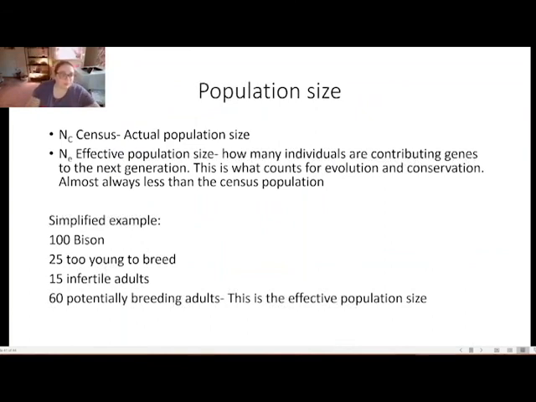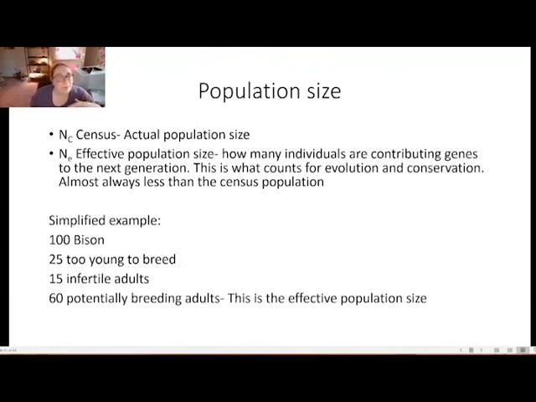I mentioned population size comes into play, as it always does. Small populations are more vulnerable to pretty much everything. But when we talk about population size, we're usually talking about the actual population size, or the census population size. This is the number of individuals there actually are.